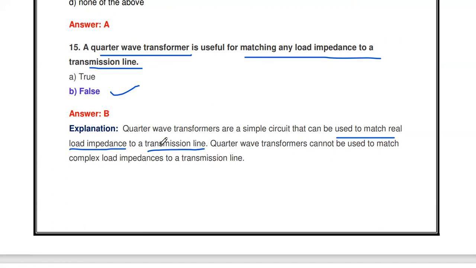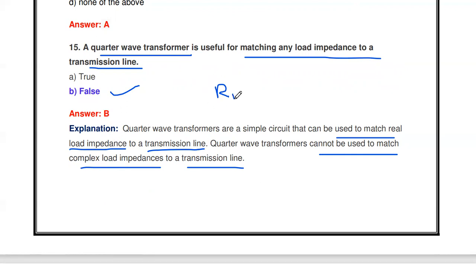So using a quarter wave transformer, we may match only a real load. Real load means the resistance, purely resistive. If the load is purely resistive, then that load can be matched with the transmission line. The quarter wave transformer cannot be used to match a complex load impedance to a transmission line. So that's why the statement is false. Just remember, the quarter wave transformer is used to match a real load impedance to a transmission line.